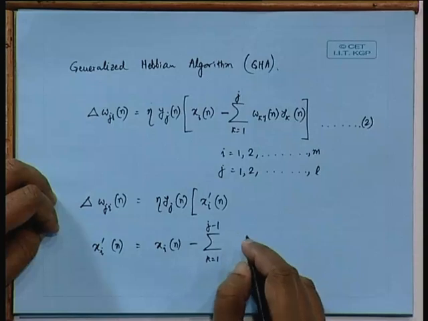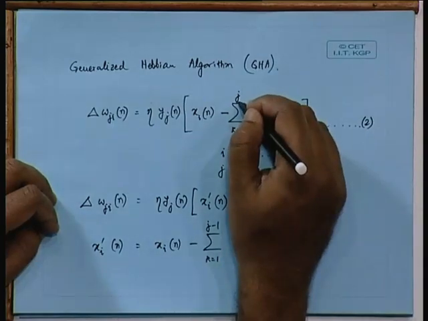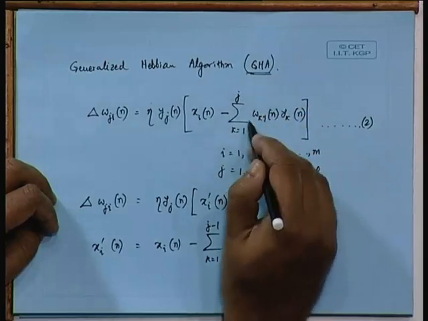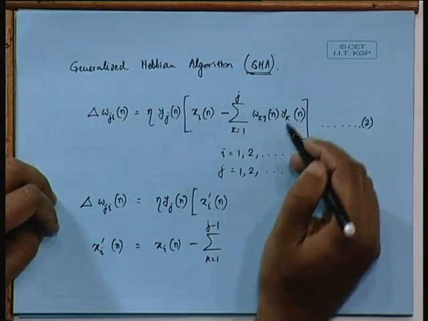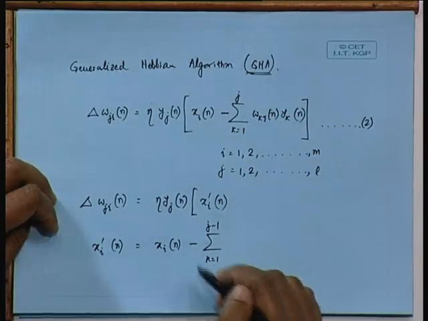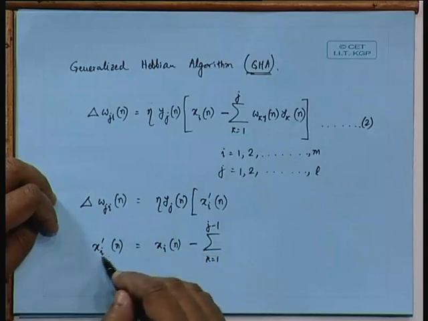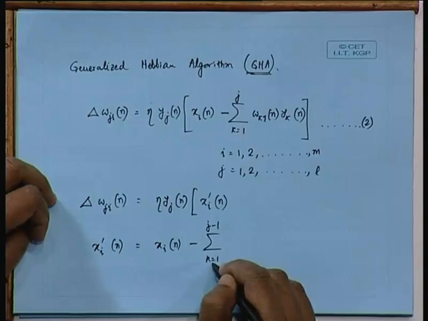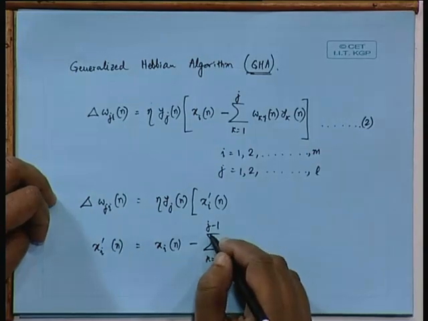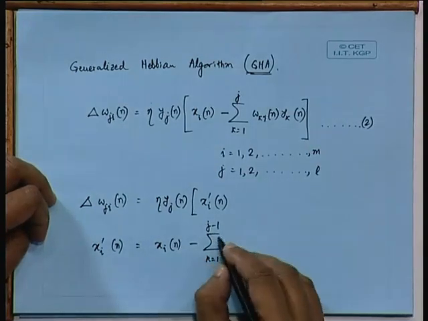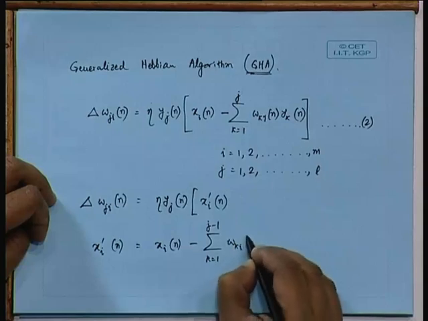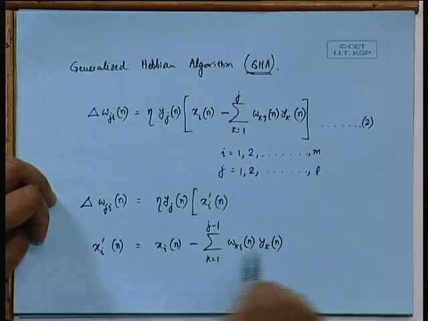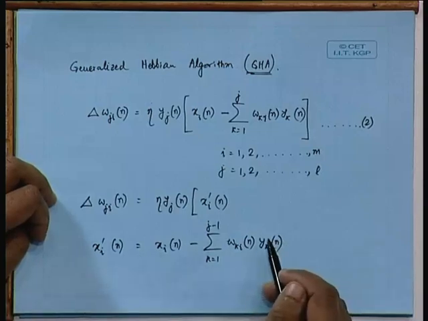This includes all the previous terms; in the generalized Hebbian algorithm the sum includes the jth term, whereas here we define xi prime n as xi n minus the sum over k equal to 1 to j minus 1, so we go one before, of wki n yk of n.